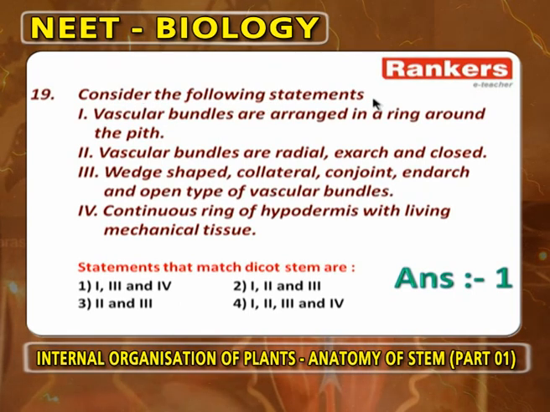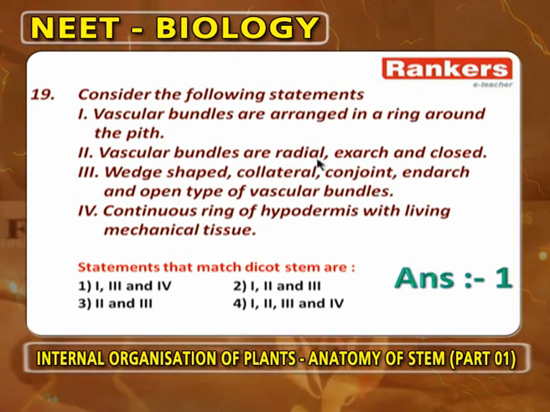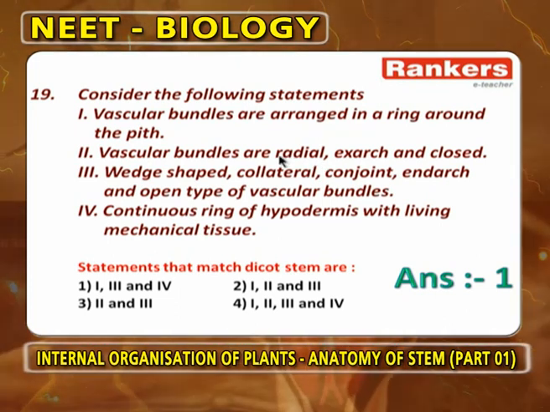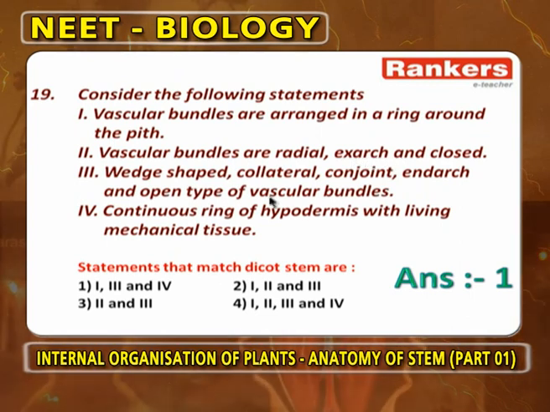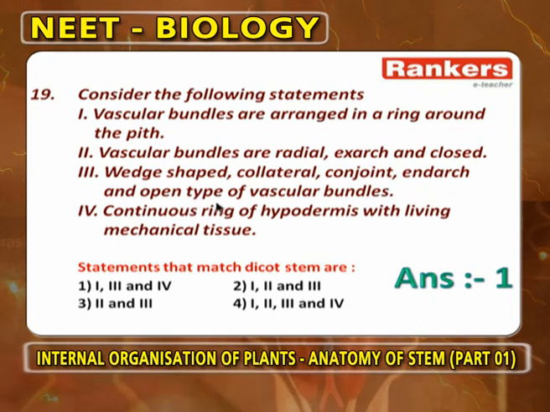Consider the following statements and match with the dicot stem. Vascular bundles are arranged in a ring around the pith, correct. Vascular bundles are radial, wrong. They are conjoint, collateral, wedge shaped, endarch and open type of vascular bundles, correct.